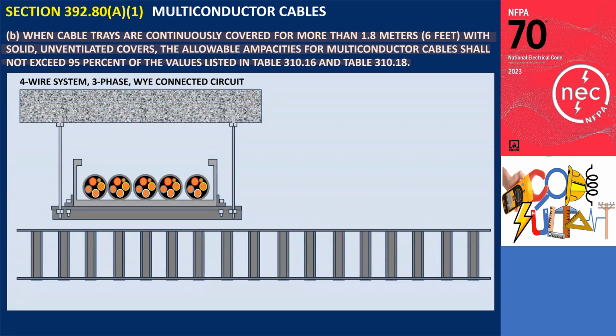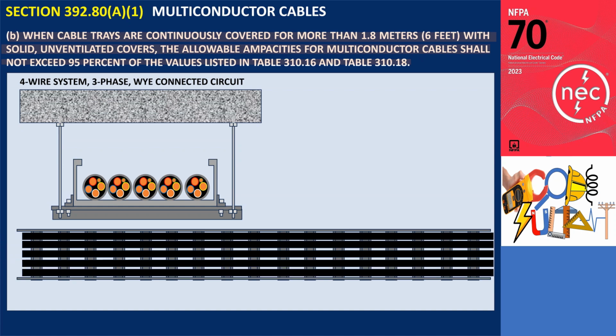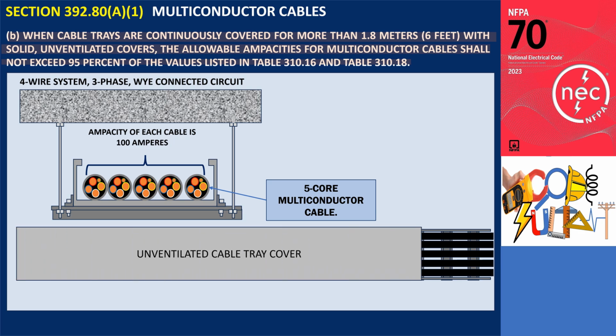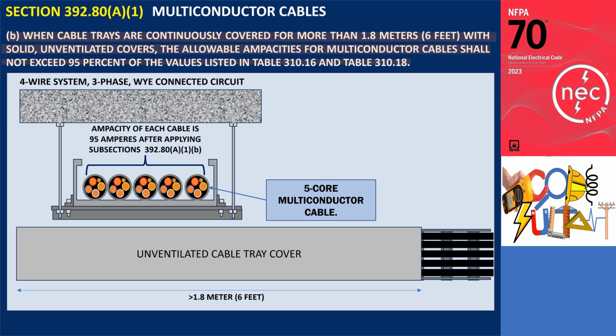Going back to the previous example of a 4-wire system for a 3-phase, Y-connected circuit using a 5-core multiconductor cable, each cable has an ampacity of 100 amperes according to the ampacity table. If the cable tray is continuously covered for more than 1.8 meters, 6 feet, with solid, unventilated covers, the allowable ampacity is limited to 95% of that value, which results in a maximum of 95 amperes.